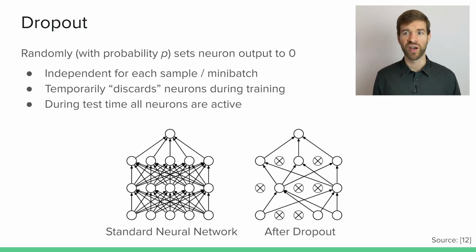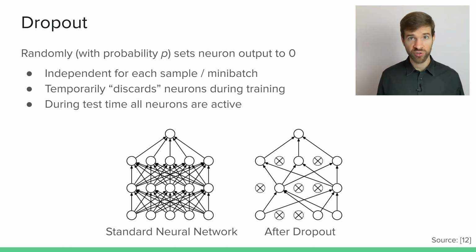However, you can still find it in quite a few networks. What it does is that you have your network, and with a certain probability p, you set the neuron's output to zero. Regardless of what you feed into that neuron, it just produces no output. It's independent for each sample or for each mini batch what neurons are disabled for that pass.